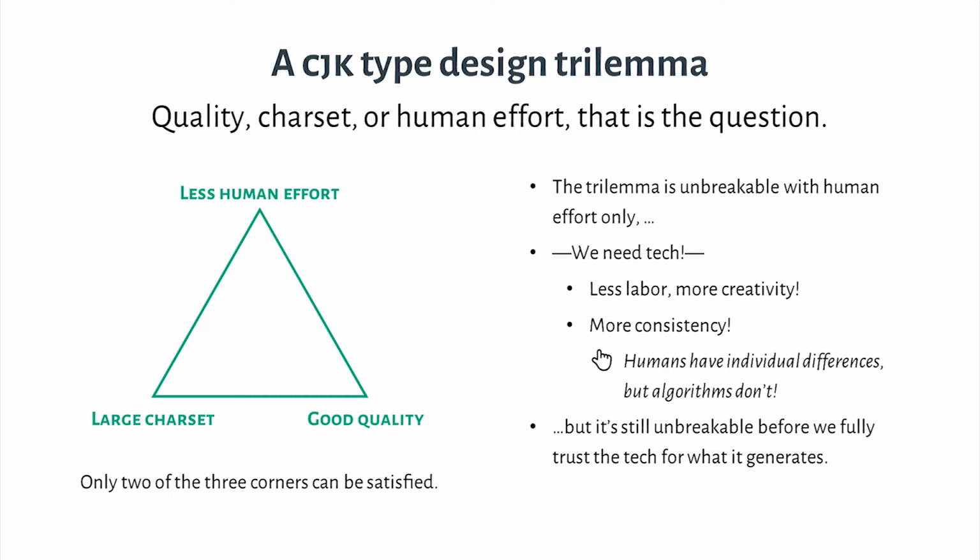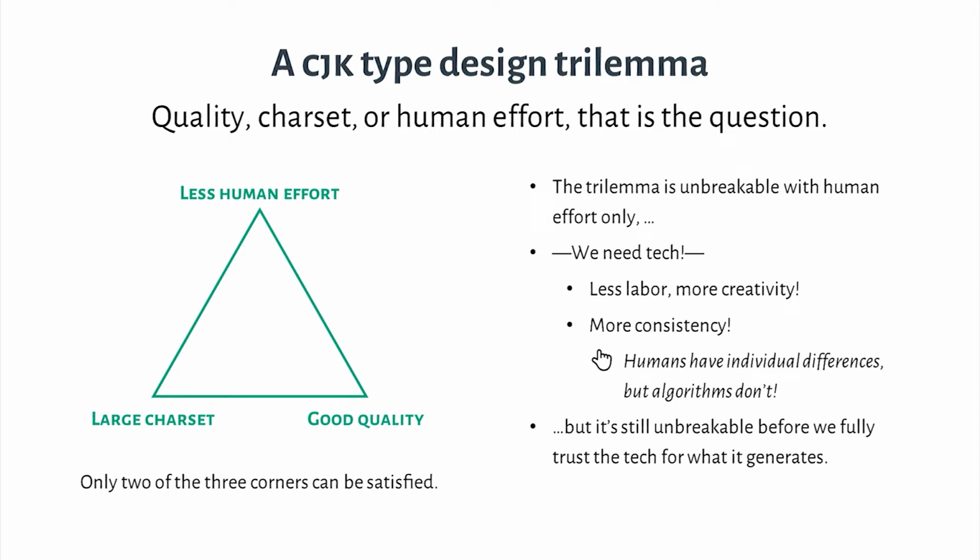The existence of such a trilemma is the ultimate reason why we need tech to automate CJK type design. But using tech doesn't necessarily mean compromising, as we generally believe that the automated design process will also provide more style consistency, since humans have individual differences and will thus introduce inconsistency into the design.